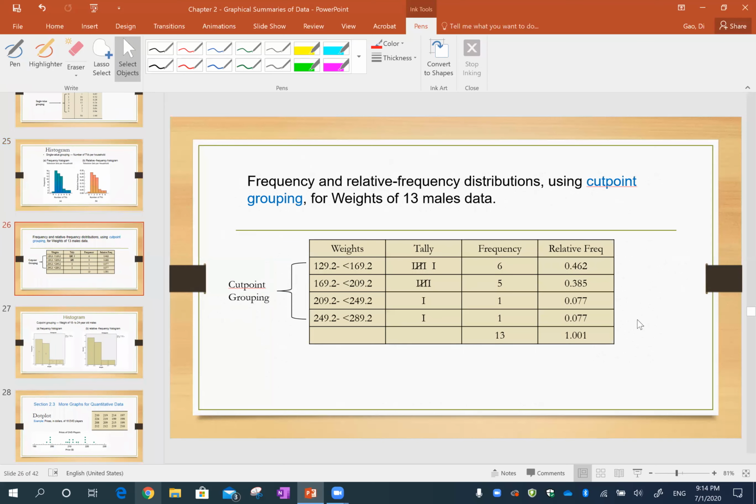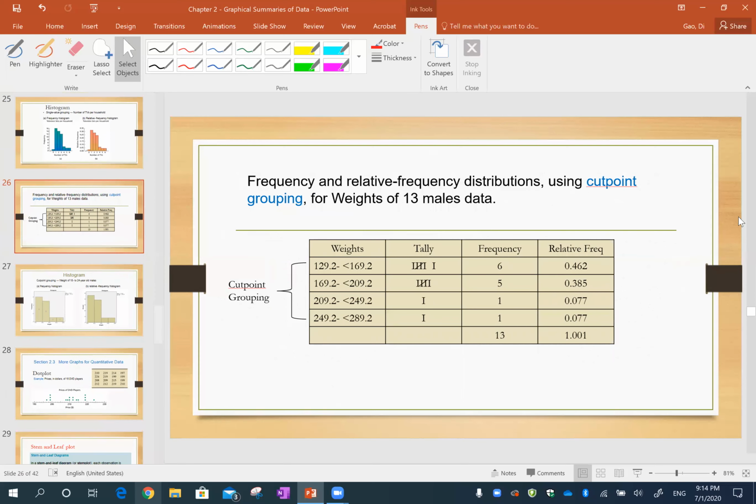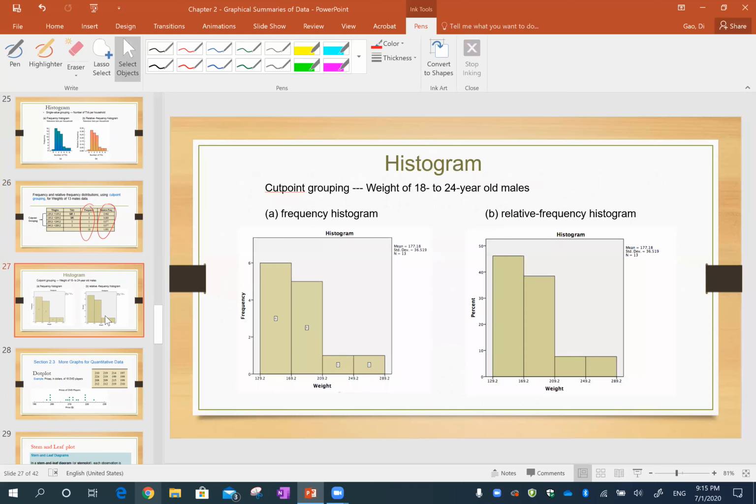And then for this cut grouping, we have 6, 5, 1, 1. Whenever you generate a histogram, you want to look at the frequency or the relative frequency. And when you generate the frequency histogram, the heights are going to be exactly the same as you have in the distribution. So 6, 5, 1, 1.